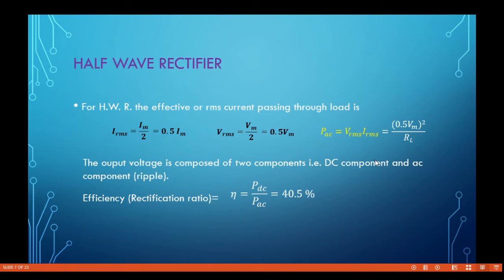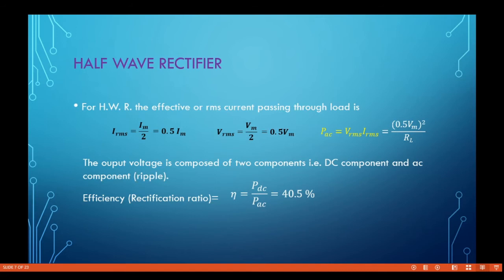The output voltage of the rectifier is composed of two components. One is the DC component and the other is the AC component, which is generally termed as ripple. So ripple is a mostly used performance parameter of the rectifier.